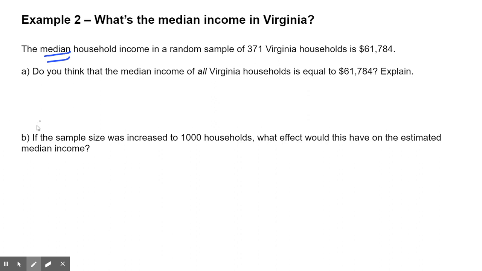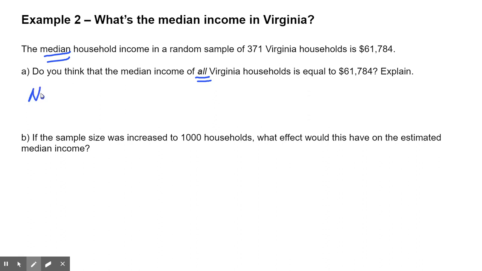So question A: do you think that the median income of all Virginia households is equal to $61,784? Explain. Do we think that every house has this as their median income? No, that doesn't make sense.